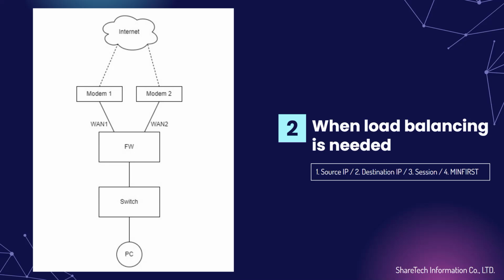I want to load balance them so that both lines are used together, but WAN1 is used more. In this case, I can bind the two lines together, and I can choose to set a higher weight for WAN1 and a lower weight for WAN2, and then it will perform load balancing according to my weight setting.